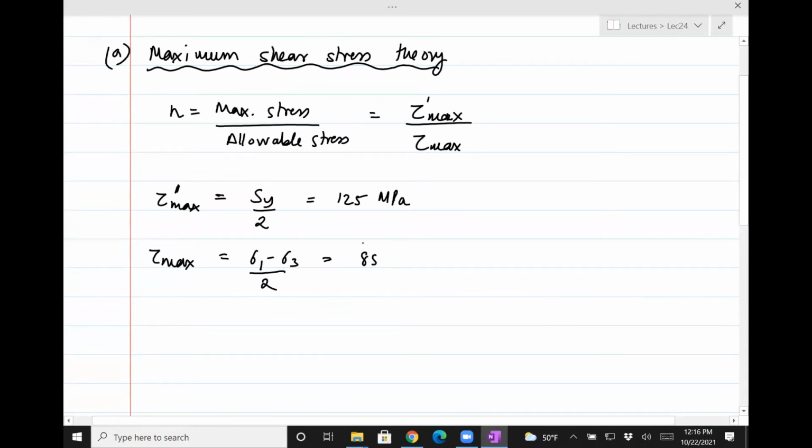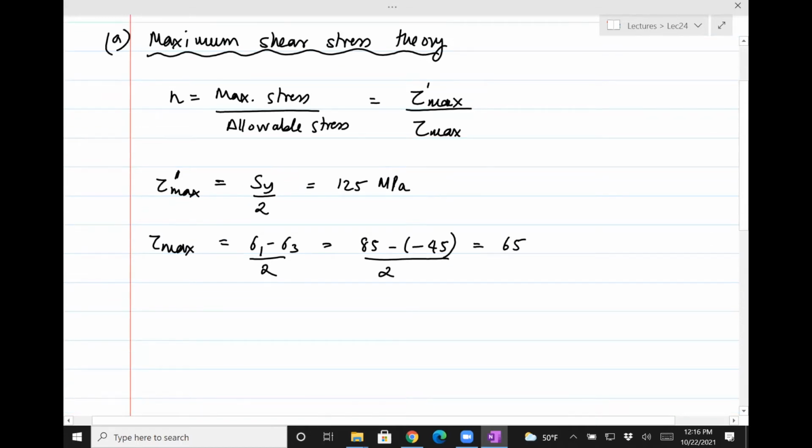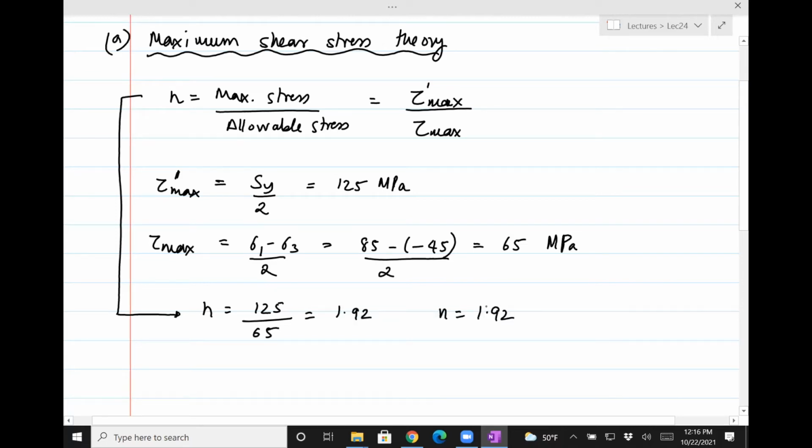So (85 minus 45) divided by 2 comes out to be 65. So from this formula, we can now write the factor of safety is 125 divided by 65, which is 1.92. And so our factor of safety using the maximum shear stress theory is 1.92.